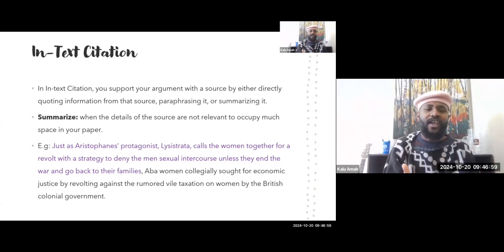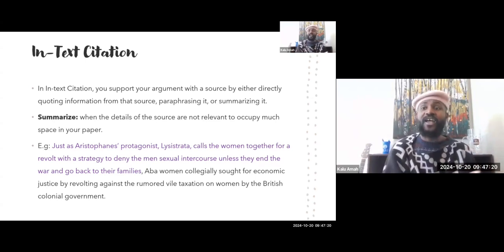And I think here it is less useful for me to go into details and start talking about Aristophanes' play, Lysistrata. So I just felt like using a sentence to summarize the epic moment of that play.